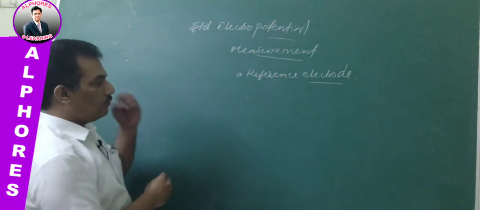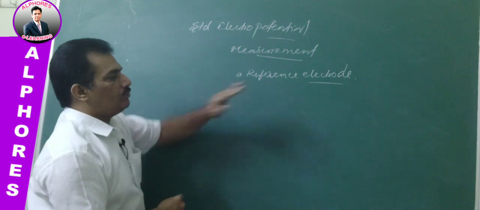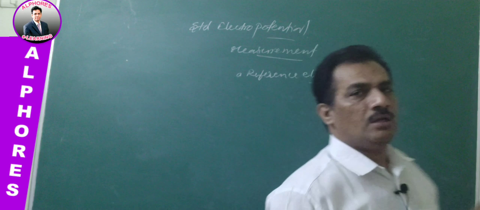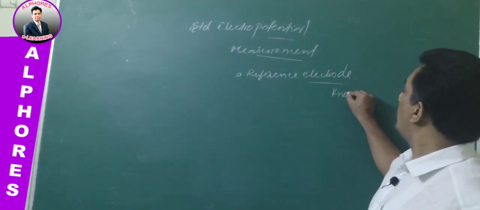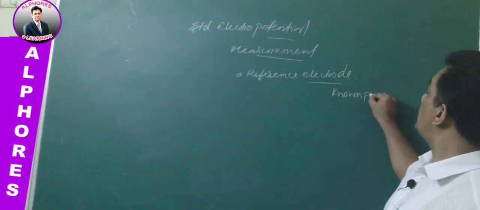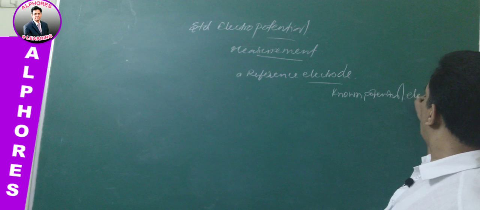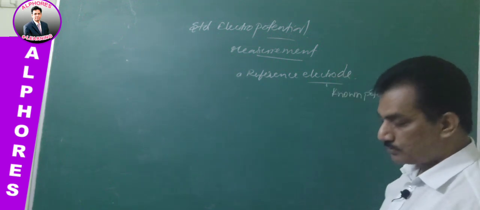We should possess, that means we should have, a reference electrode. First, let me give what is a reference electrode. A reference electrode is nothing but a known potential electrode. Known potential electrode is known as reference electrode.